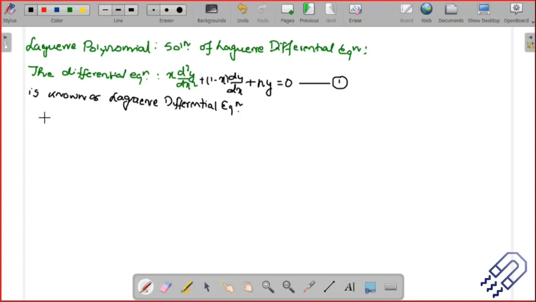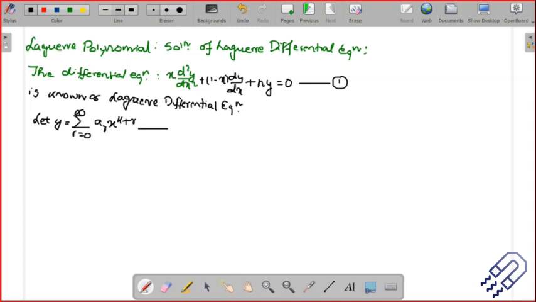Now for this, just like yesterday, we actually have to define a power series, and we are going to take a power series just like the trial expression or the trial solution that we take. It's a similar approach here, okay. y is equal to summation r is equal to 0 to infinity a_r x to the power k plus r. So this is something which we took yesterday also.